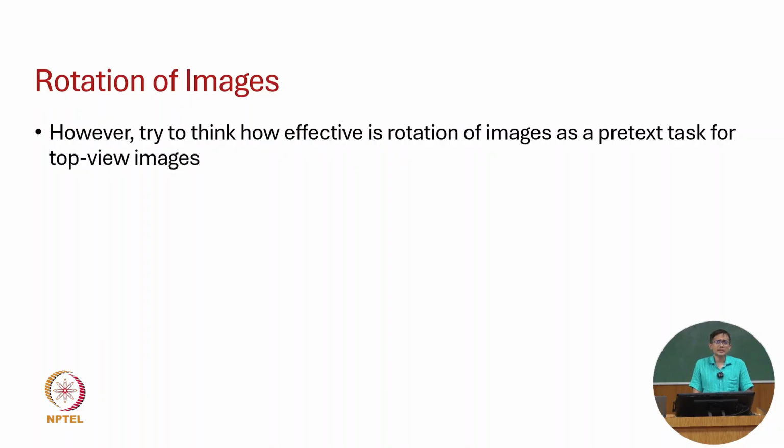Or rather, are you in a position to guess that this image was indeed 90-degree rotated or 180-degree rotated, in comparison to front view images, where, let's say, from the front view you take a picture of a person and then you rotate it 90 degrees, you will easily be able to say that this image seems to be rotated, right? However, when you take a top view image and rotate it 90 degrees, are you in a position to make this prediction?